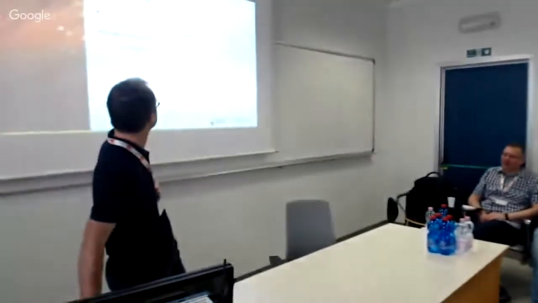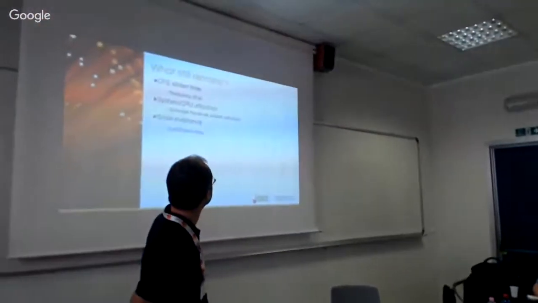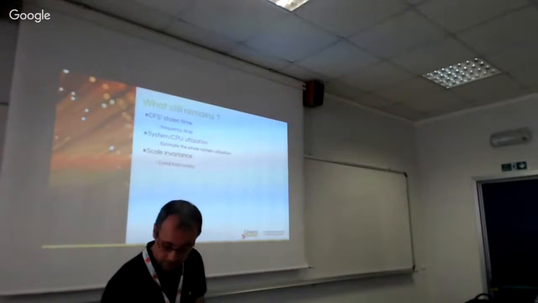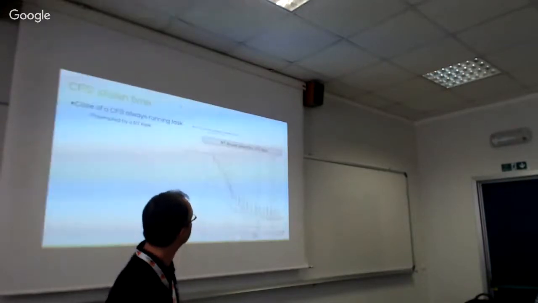Well, yeah, you can configure it. So that might be a good thing. So these are the three main things that still remain, and I'm going to work on that.